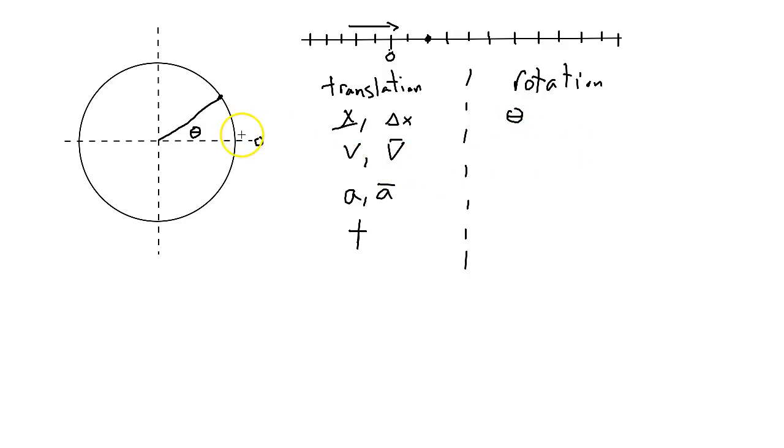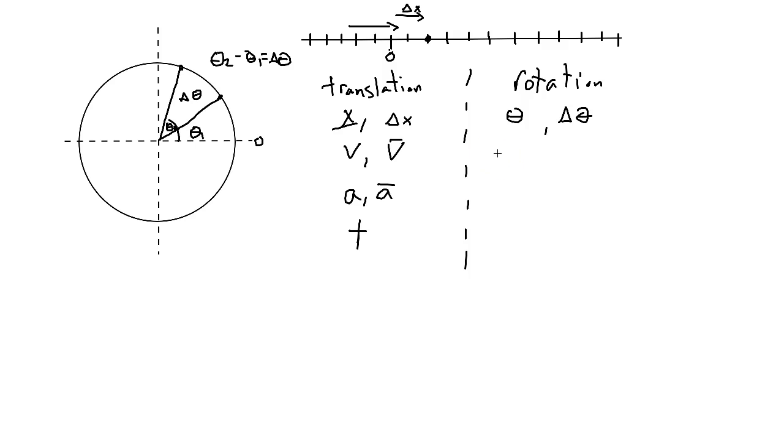And just like we can have a change in position, displacement delta x, we can have a change in angular position, delta theta. Like if this was theta 2, and this was theta 1, then theta 2 minus theta 1 would be equal to the change in angular position. That'd be our angular displacement.